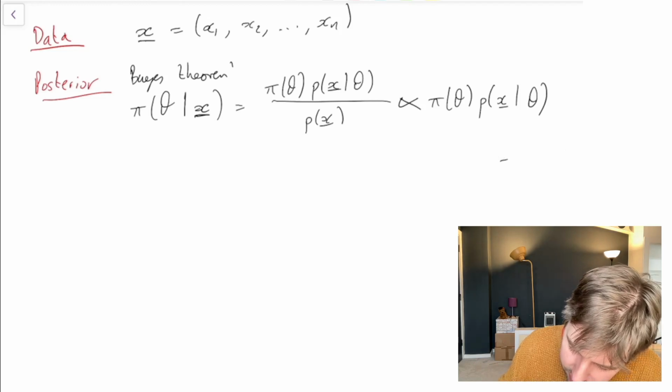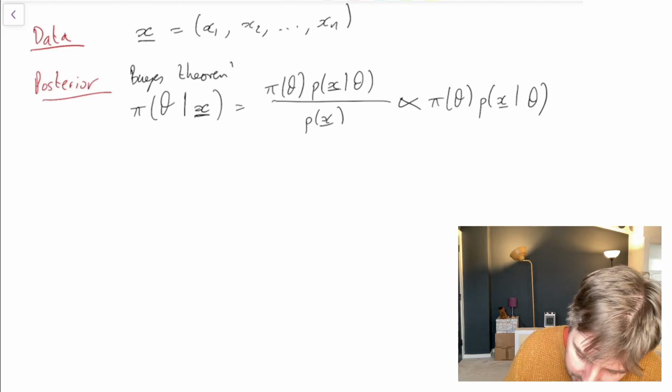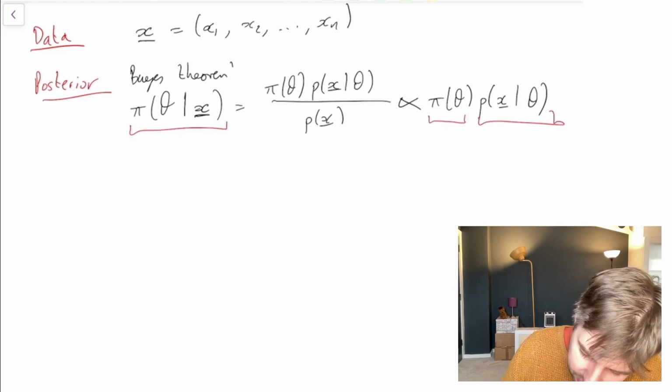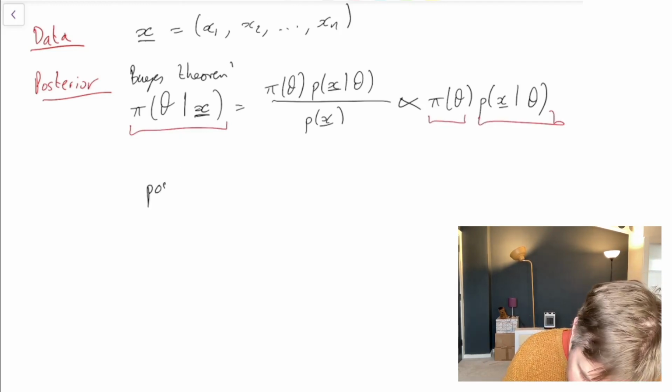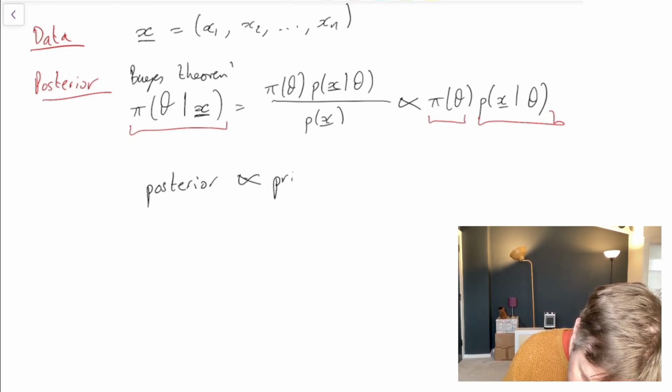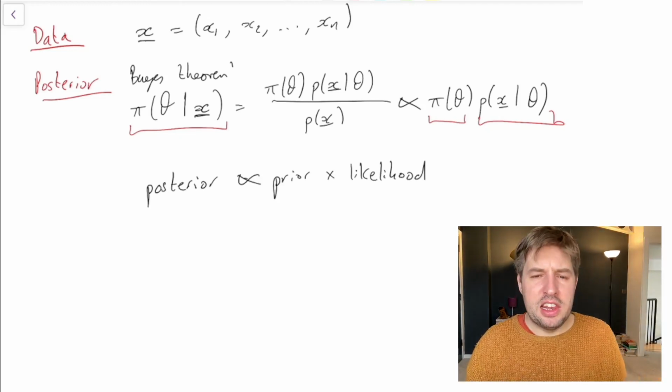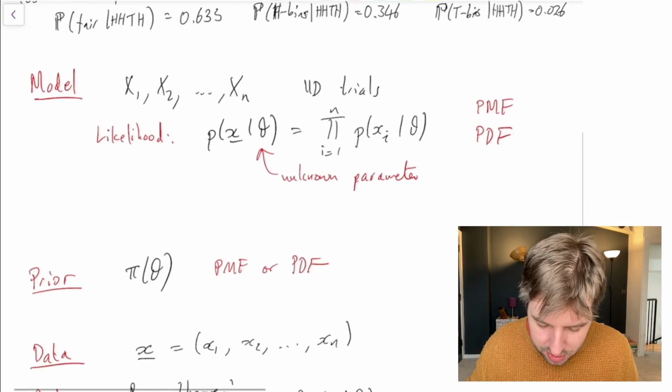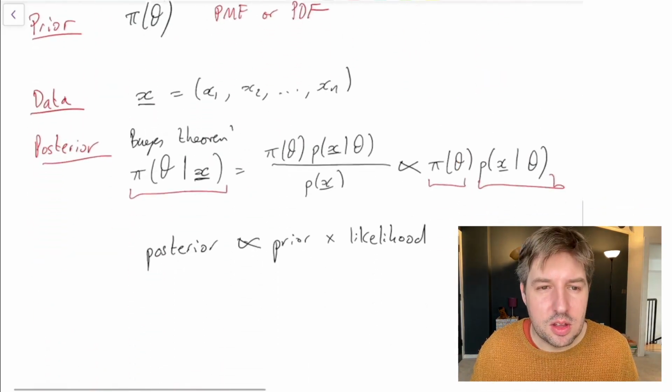Note that here we've got the posterior, there we've got the prior, and there we've got the likelihood. So you can summarize this as: posterior is proportional to prior times likelihood, remembering that likelihood is the name we used for the model at the top.